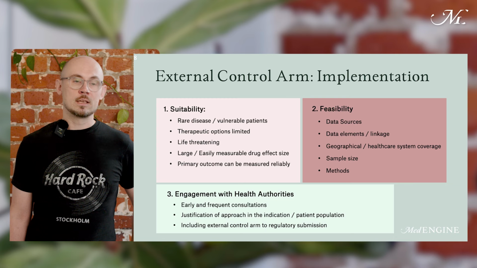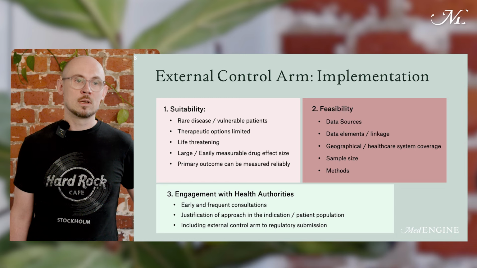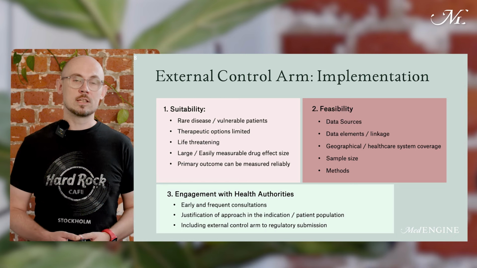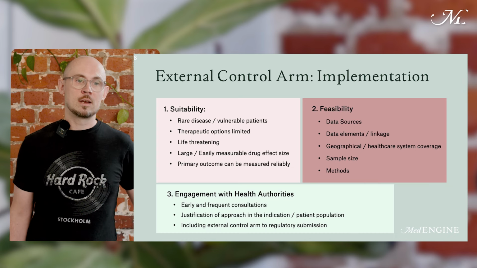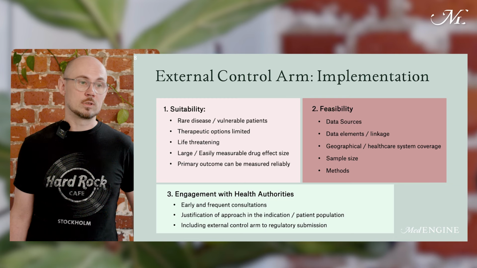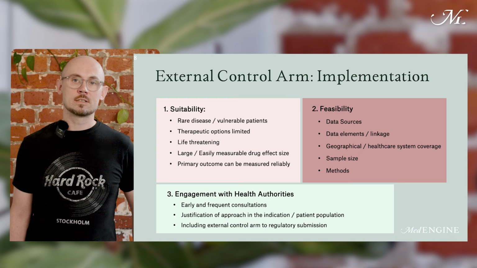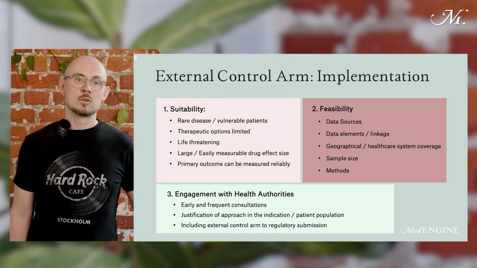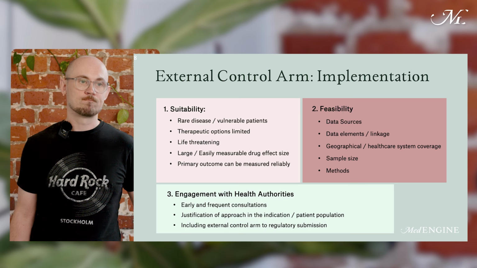Feasibility is really important, and this is what we have done a lot now in the Finnish ecosystem: identifying good data sources, identifying the linkage possibilities in the data, and the sample size, of course, is really important. Third, with engagement with health authorities, early and frequent consultations is the main take-home message. You should be in contact with the regulators as early as possible when you plan to have an external control arm in your trial.